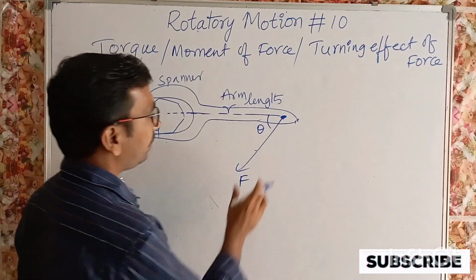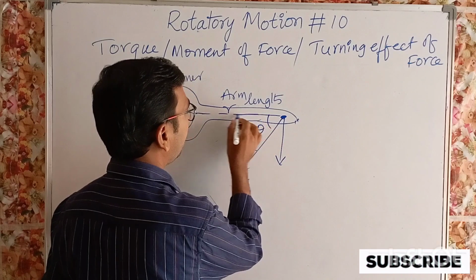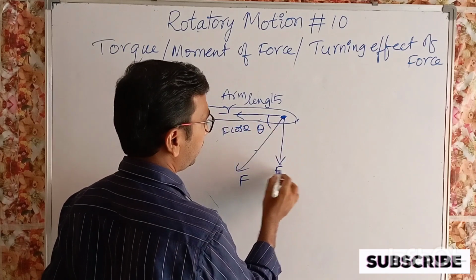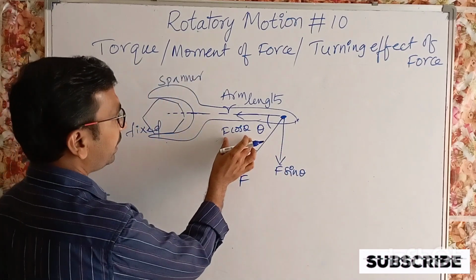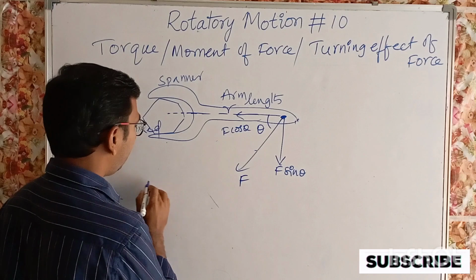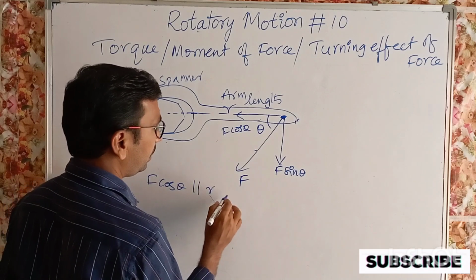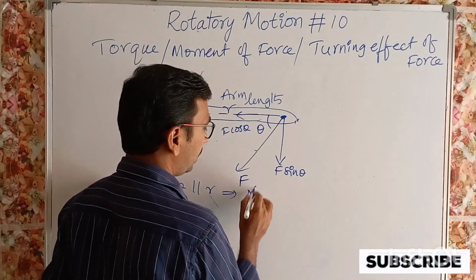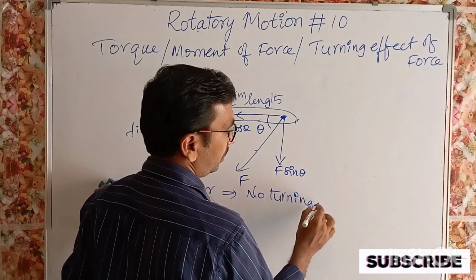This F is resolved into two components: along the arm it is F cos theta, and perpendicular to it is F sin theta. F cos theta is parallel to the arm length, so there is no turning effect.